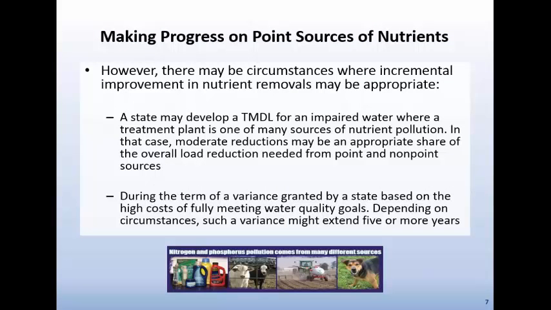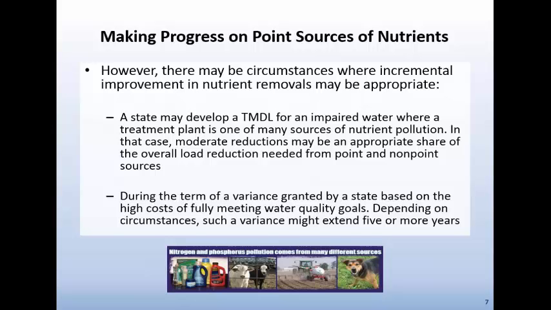So we really believe that there are circumstances where you can make incremental improvement to nutrient removals in order to make progress on delisting impaired waters, and you have some flexibility if your state gives a variance based on cost, economic impact in meeting water quality goals, and gives you more time to meet those goals.